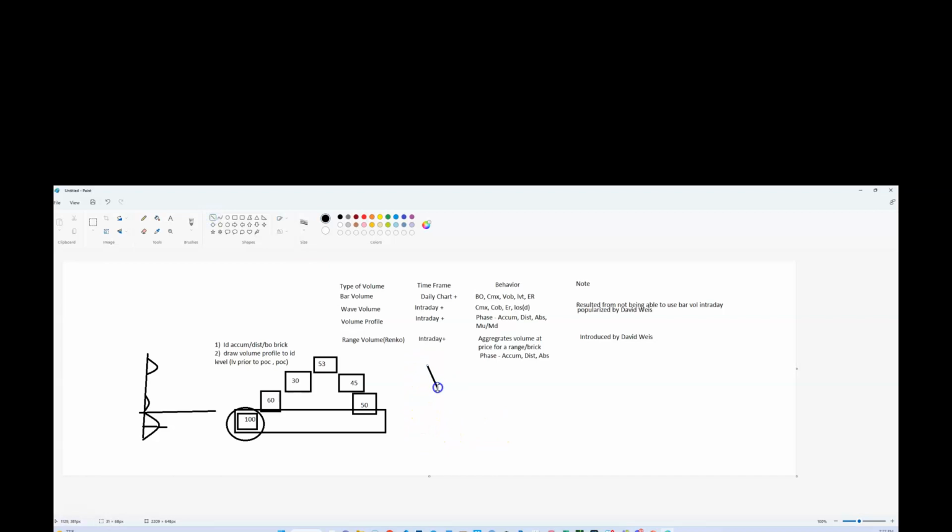Let's draw it out. So right there, that's the biggest wave, biggest up wave, right? Biggest up wave, and that is your sign of strength.